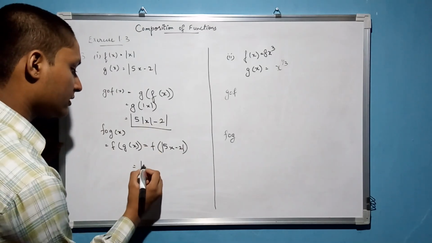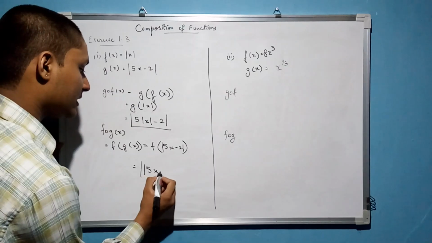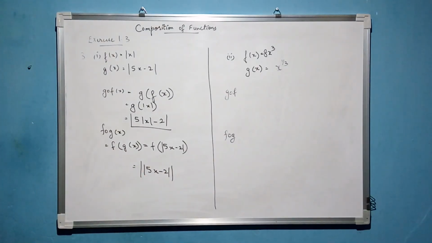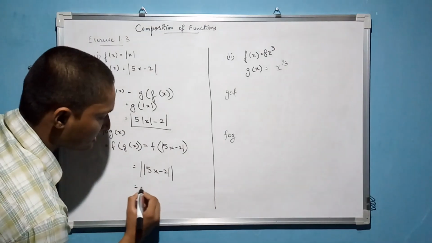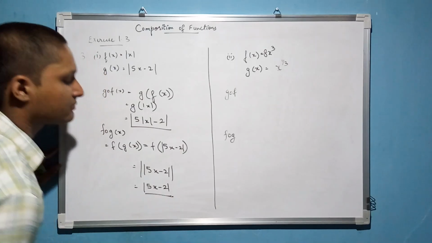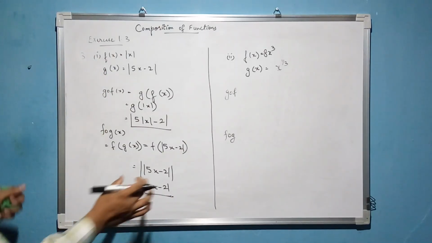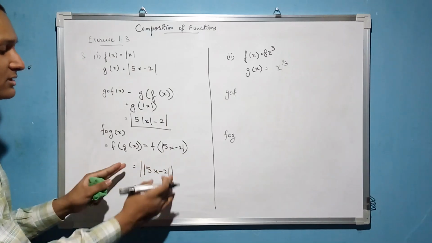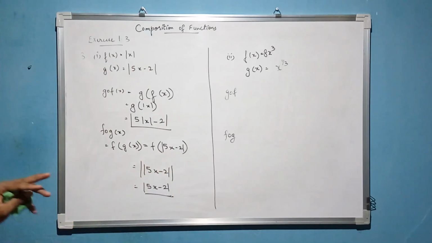That comes to be mod phi x minus 2. But that double mod is not required here. It comes to be the same itself, that is mod of phi x minus 2 itself, because the absolute value comes under the first bracket itself. So the second line doesn't mean anything. So it comes to be the same value again.